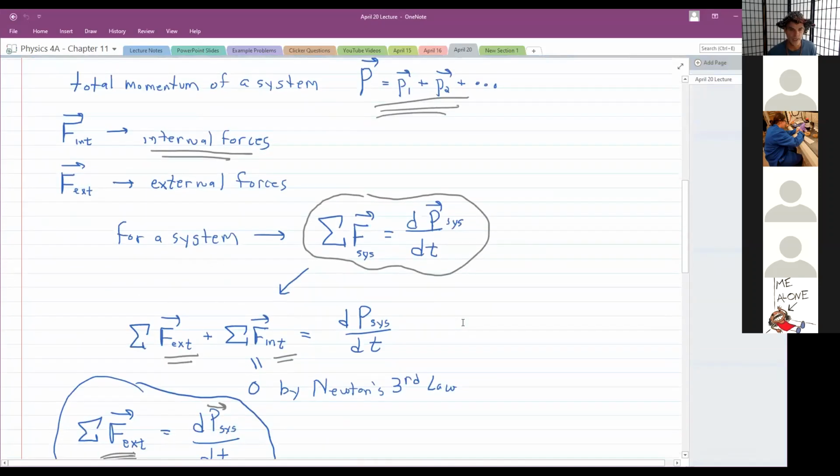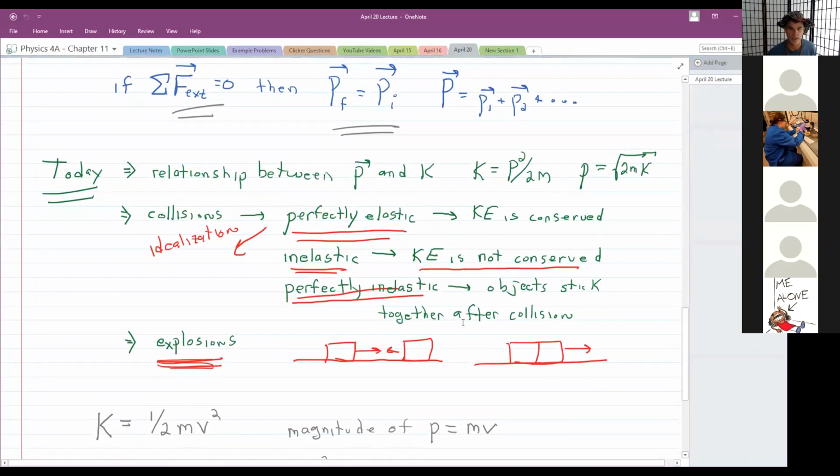Okay, so today's big things are that kinetic energy and momentum are related in terms of their magnitudes. This is sometimes useful because I can use the work-kinetic energy theorem to figure out how much the kinetic energy changes, and impulse-momentum to figure out how much the momentum changes. But oftentimes I want to know, given who's got a greater momentum, which object has a greater kinetic energy, and so on.